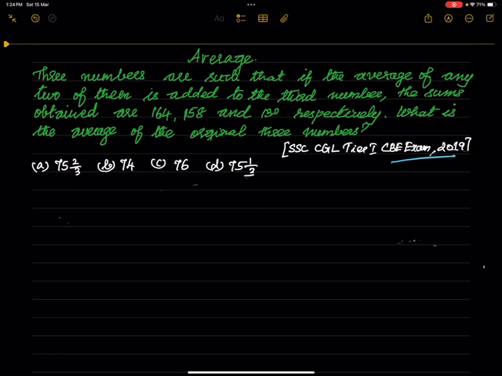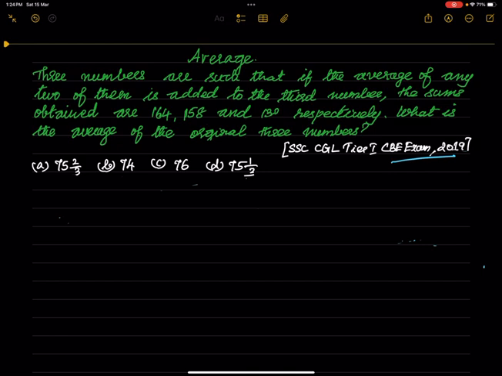That is the concept of average. In this problem, 3 numbers are not given, but some relationship among the 3 numbers is given. By using that relationship, we have to construct equations and find the average of the 3 original numbers. Let us see what is there.